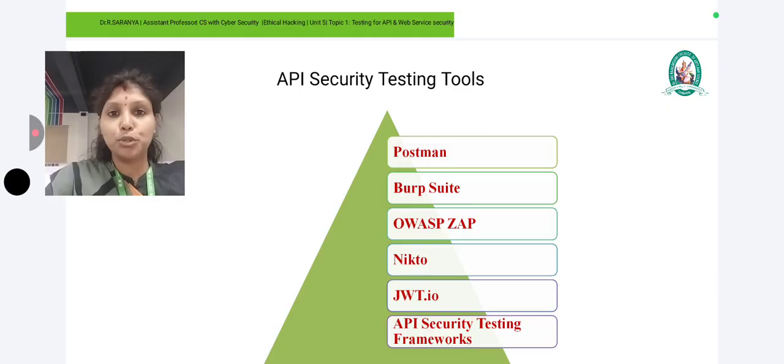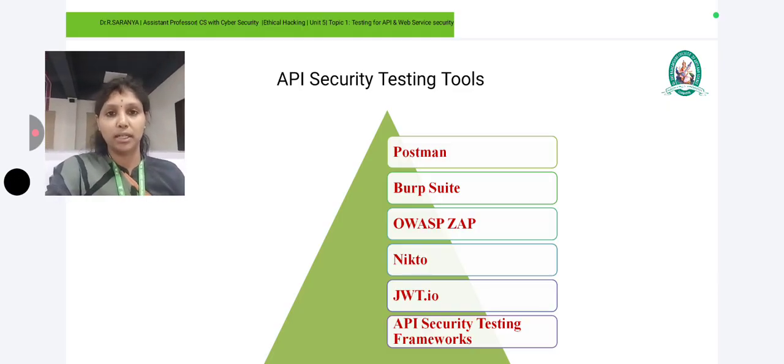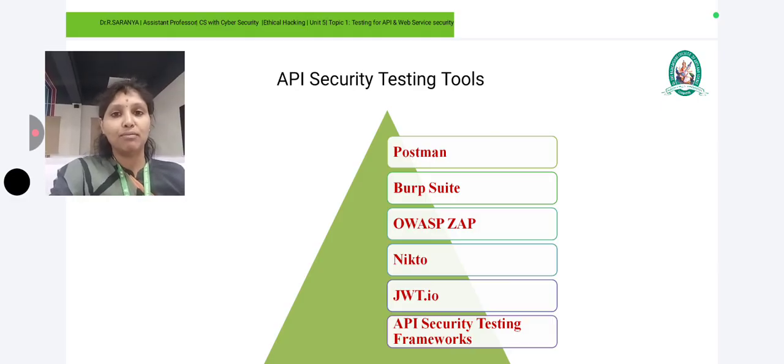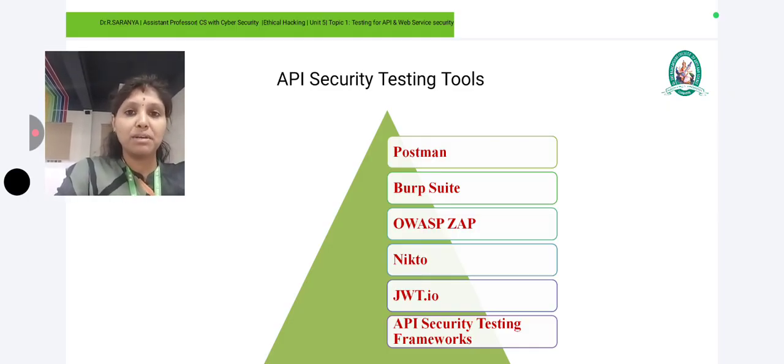And then Burp Suite. Burp Suite is also one of the important tools in order to secure the web applications as well as the online services. It's very helpful to analyze the attack as well as the threat implemented, whether it's implemented inside the particular web applications or not. And then OWASP ZAP.